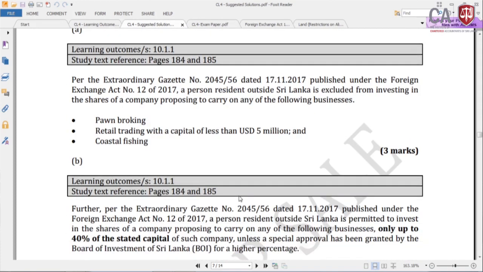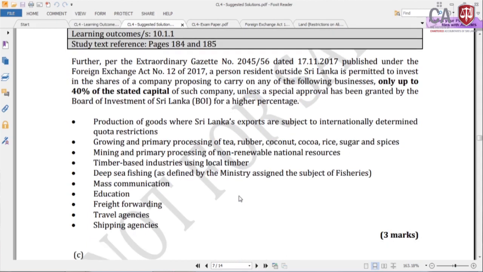So, in answering, further, per Extraordinary Gazette 2045/56 published under the Foreign Exchange Act, a person resident outside Sri Lanka is permitted to invest in the shares of a company proposing to carry on any of the following businesses only up to 40% of the stated capital of such company, unless special approval has been granted by the Board of Investment of Sri Lanka for a higher percentage, subject to special approval granted by the BOI.